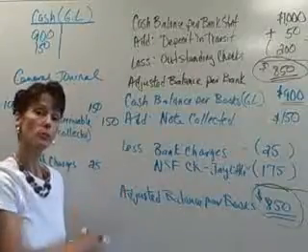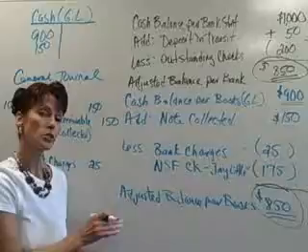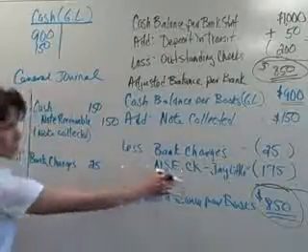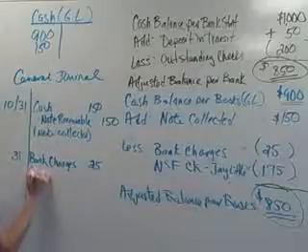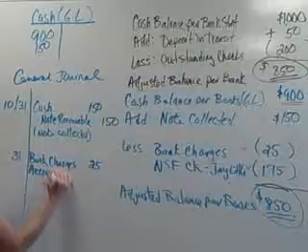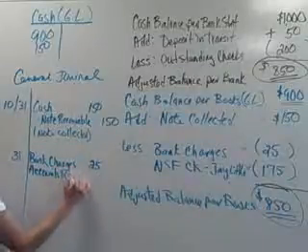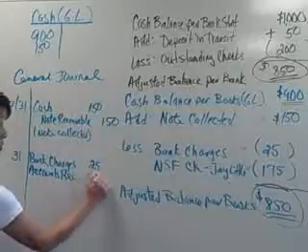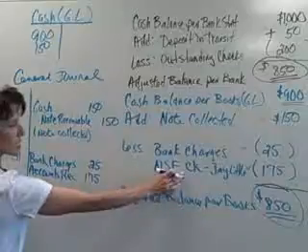This was really a customer's check that bounced. That customer still owes us money. So we're going to debit our accounts receivable for J Little. And I'm going to abbreviate. I don't like to do that, but I'm going to do that here because I'm running out of room. So that was for the $175 bad check.